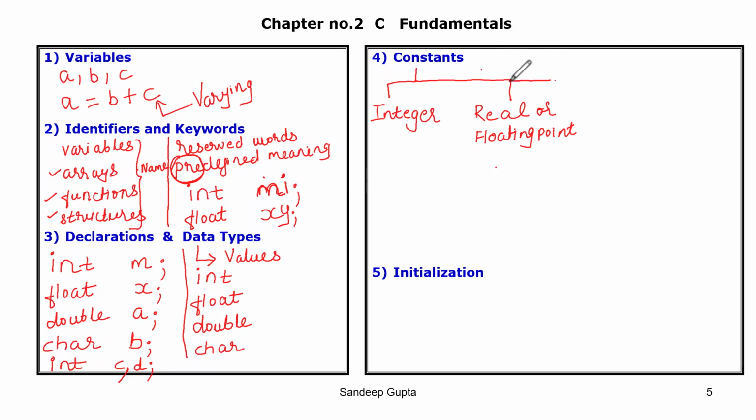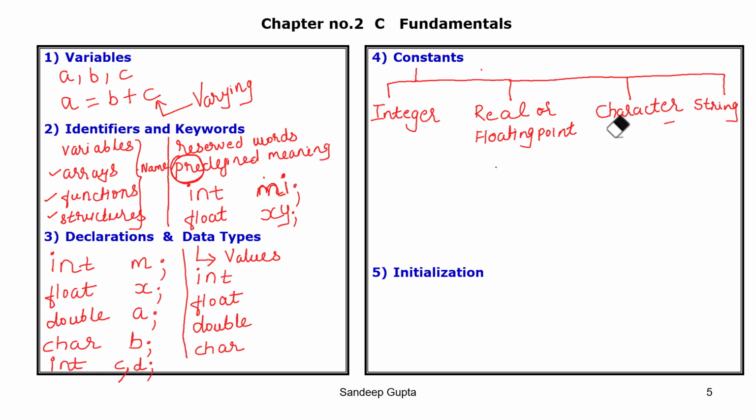Then you have character constants, and finally you have a string constant. So you have integer constant, real or floating point constant, character constant, string constant. Now let's quickly understand what these constants are.